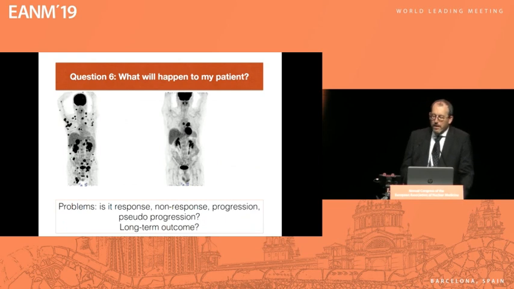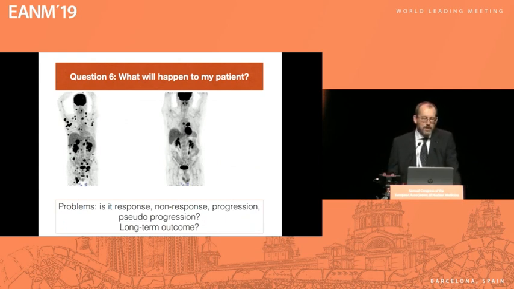Next question: can I predict, with the help of AI, what will happen to my patient once I've started treating him or her? There are many questions, many problems to solve within that. Short-term questions: is it response, non-response, progression, pseudo-progression? And eventually, what will happen to my patients? Will there be recurrence? Will there be death from cancer? It may be difficult.